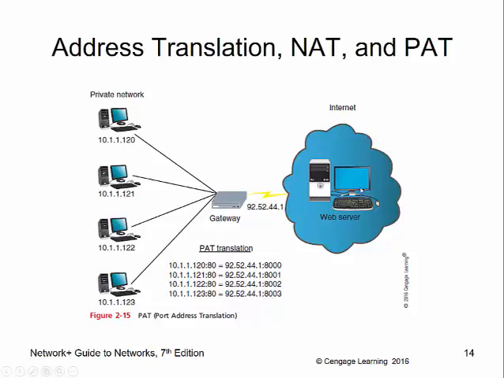When the web server responds, it responds back to that public address. When it hits the gateway, the gateway remembered that transaction, strips off the public address, puts my private address back on so it goes to my proper host within my own network. And back and forth and back and forth. Notice the one-to-many relationship. One public address being shared by many private addresses. And this is probably the biggest reason why IPv4 did not run out of addresses.